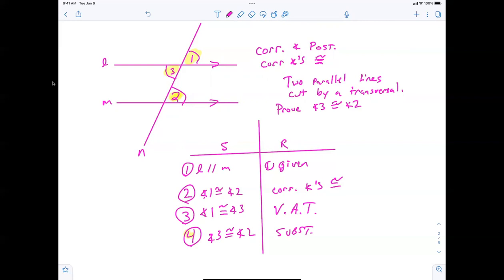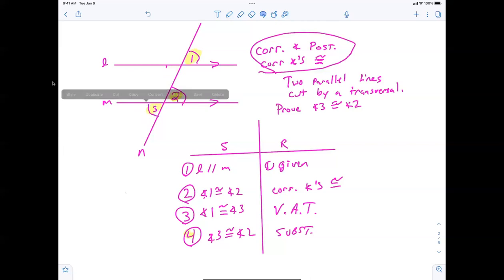All right, so again, everything stems from the corresponding angle postulates. Now, if I wanted to prove, and all you have to do is pay attention now, if I wanted to prove alternate exterior angles are congruent, is there really a difference to the proof?